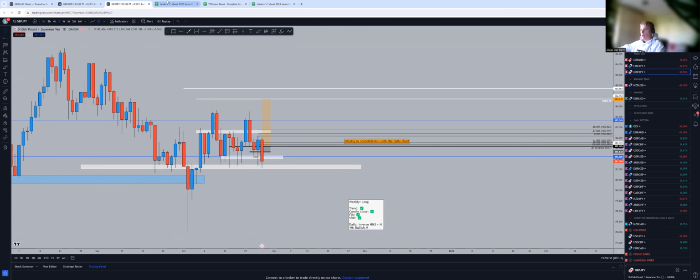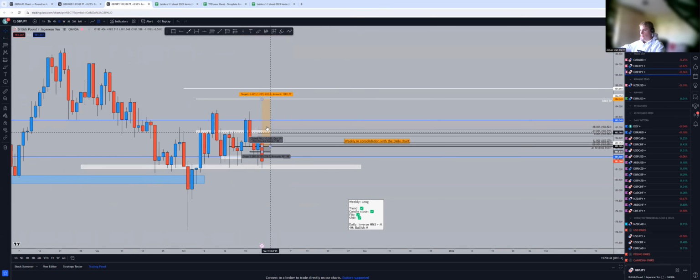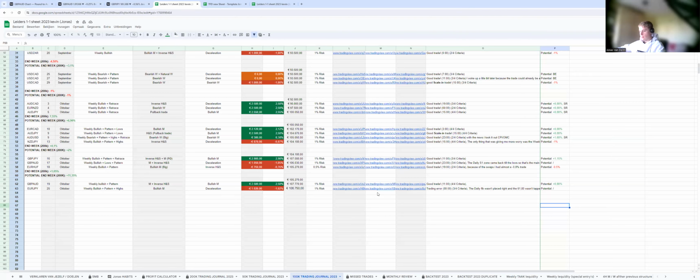So let's check then on my trading journal. So I will just take my copy button, copy link. I will set this in my daily screenshot. This was also a 1% risk trade. Then it was GBP, GPY.